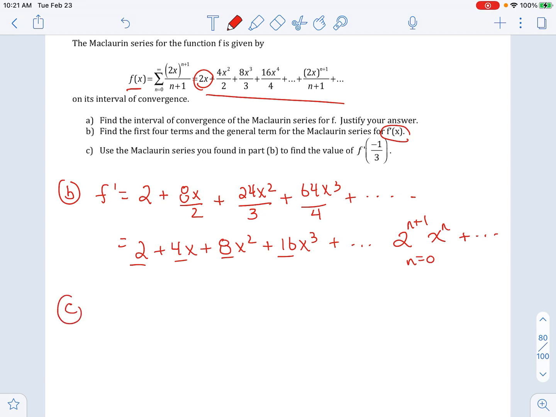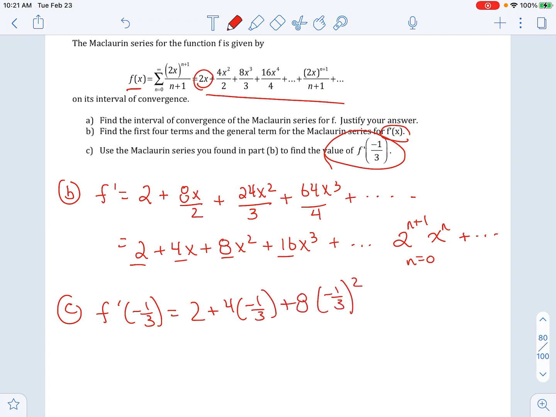And then lastly, part C says, use the series in part B to find the exact value of f prime of negative 1/3. So they want you to plug in negative 1/3 for x and figure out what this is if I add this up infinitely.